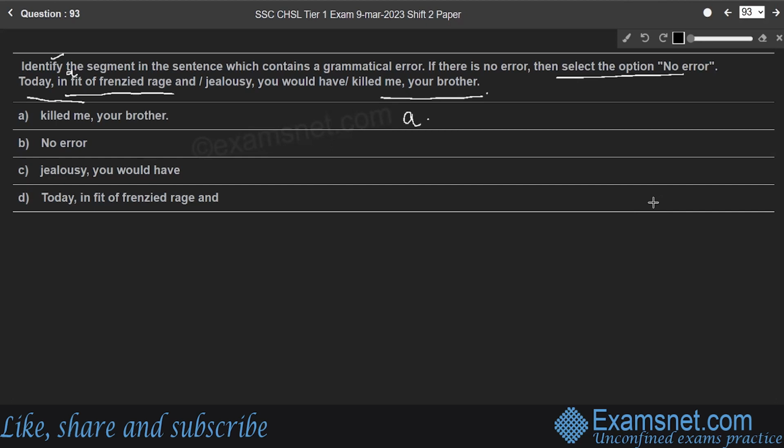Before fit, here, in a fit of frenzied rage and jealousy. Including the article A before fit helps to clarify that it refers to a single instance or occurrence of frenzied rage and jealousy.